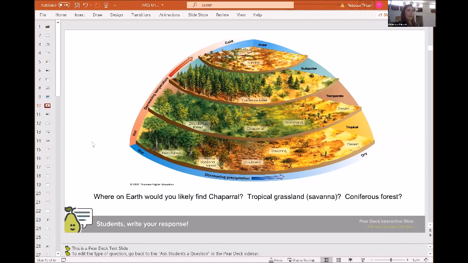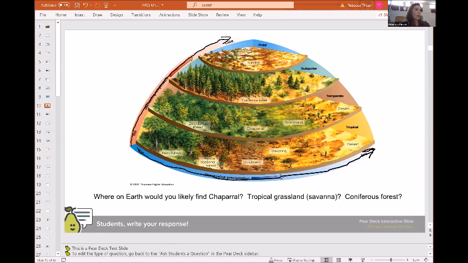So looking at this diagram here, we can see that as we decrease precipitation, there's a shift to drier biomes. And as we also decrease temperature, there's a shift towards cooler biomes, where you've got really cool and dry, really hot but really dry, really cool but very wet.